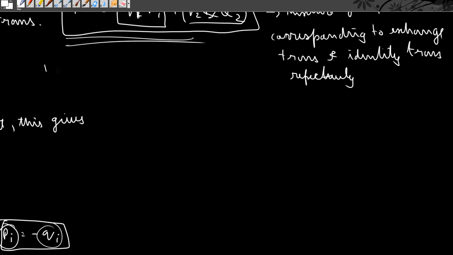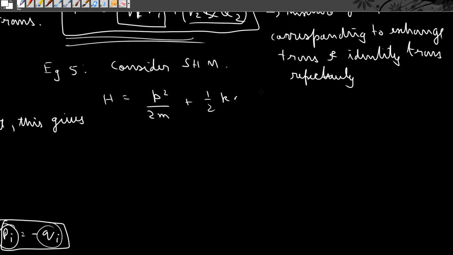So finally let us consider one more example, and here we are going to consider simple harmonic motion. If we use our Cartesian system, then the Hamiltonian for the simple harmonic motion is going to be p square by 2m plus half kq square. So this is in Cartesian form. Now, of course, this is a very easy problem to solve.